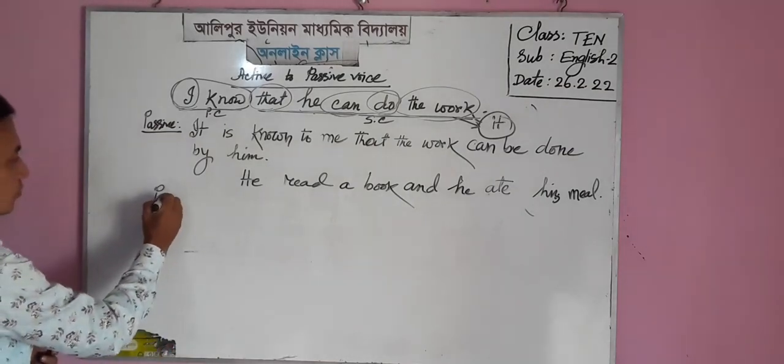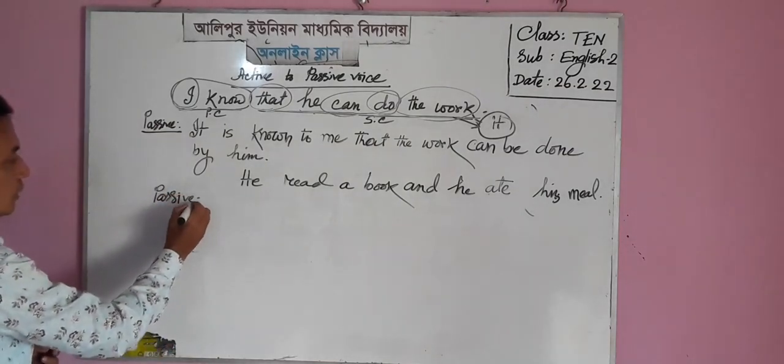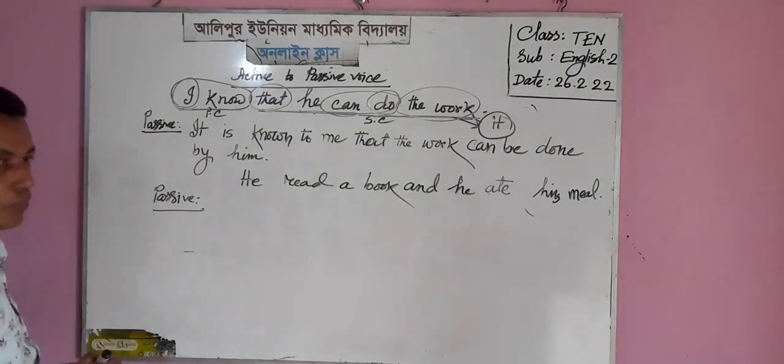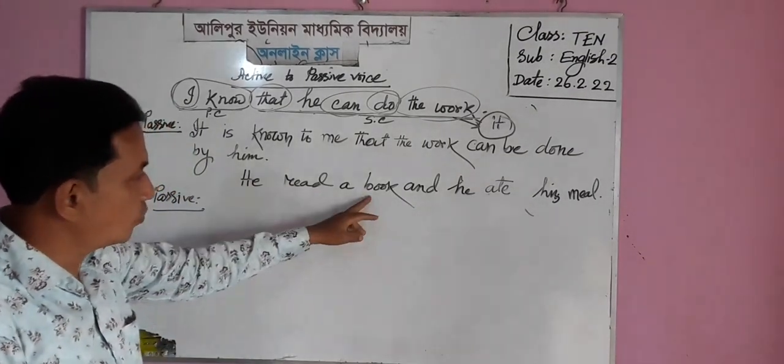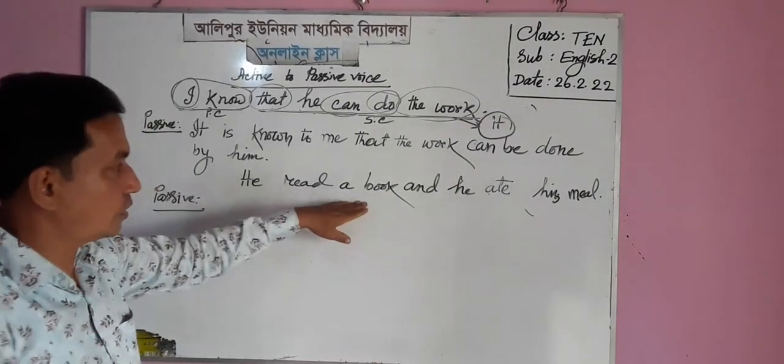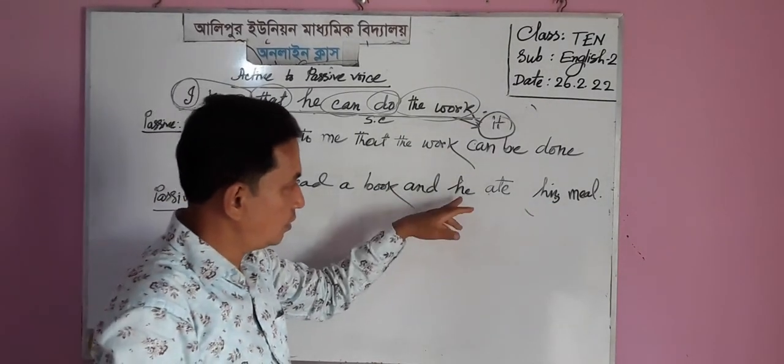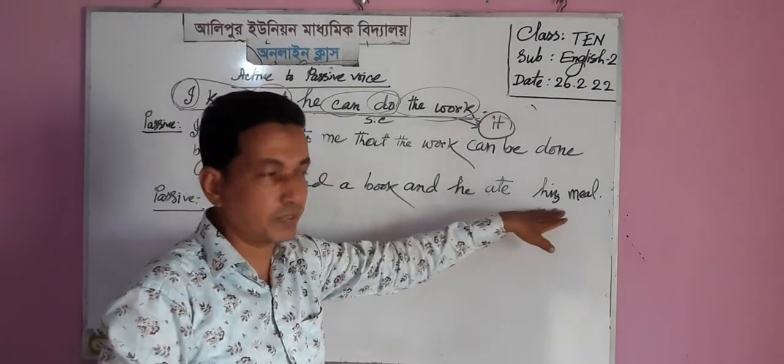Dear students, this is the example of a compound sentence. You see that he read a book is a principal clause, and, adding and, he ate his meal is also a principal clause.